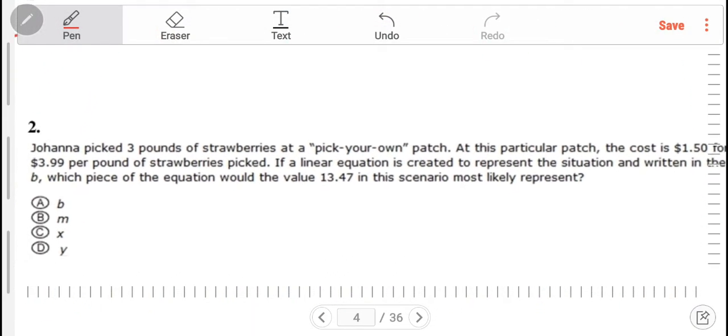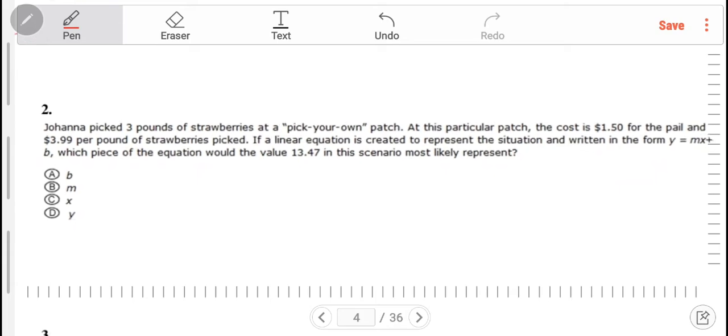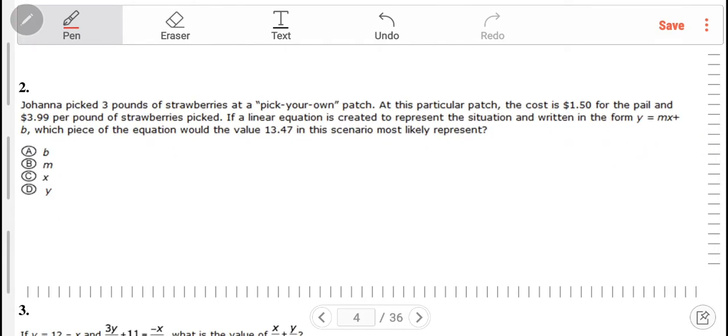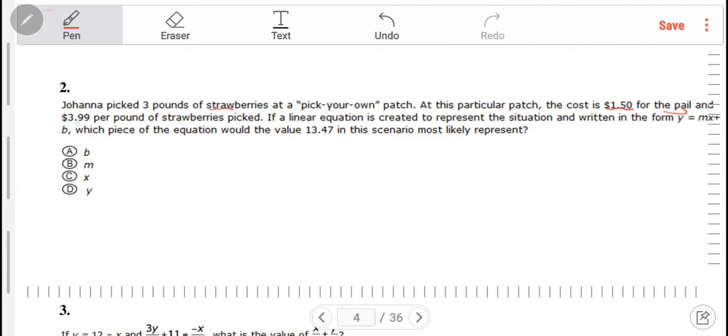Okay, number 2. Johanna picked 3 pounds of strawberries at a pick your own patch. At this particular patch, the cost is $1.50 for the pail and then $3.99 per pound of strawberries picked.